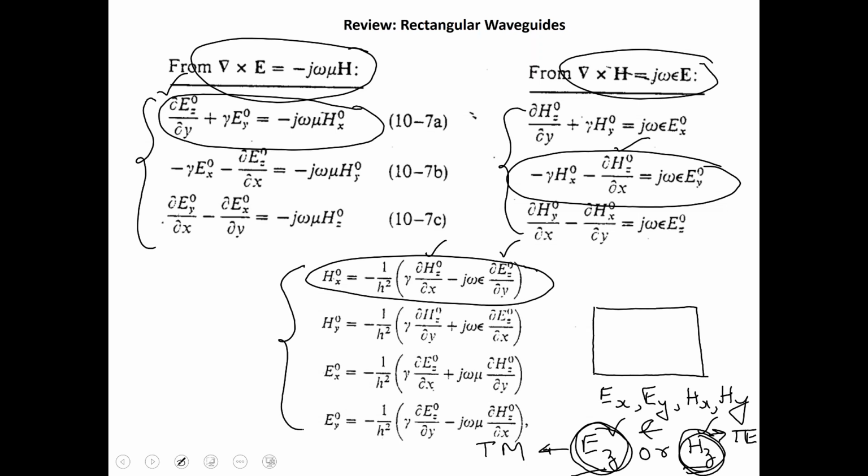All of these are separate components of the mode, separate hands of the mode, if you will. As opposed to the parallel plate waveguide, which had three components, the rectangular waveguide has five components of the field, four components in the transverse direction, and one component in the longitudinal direction.